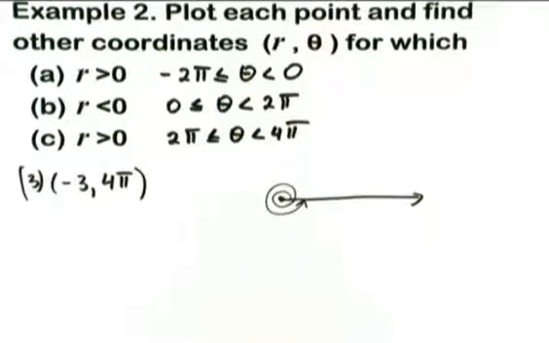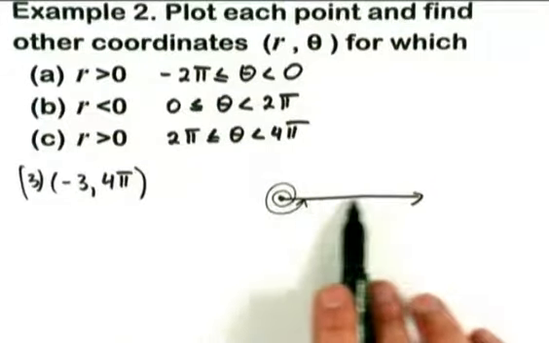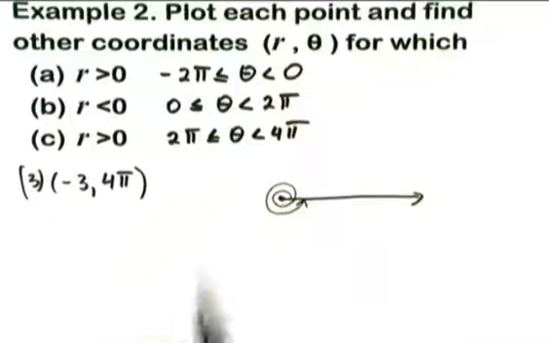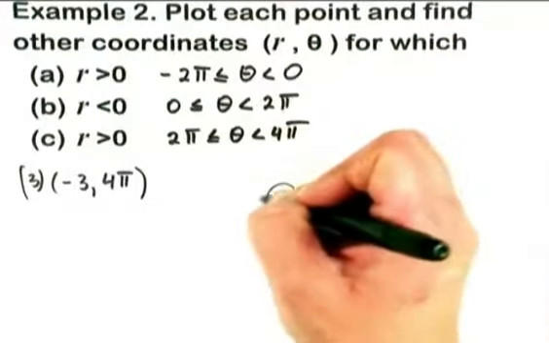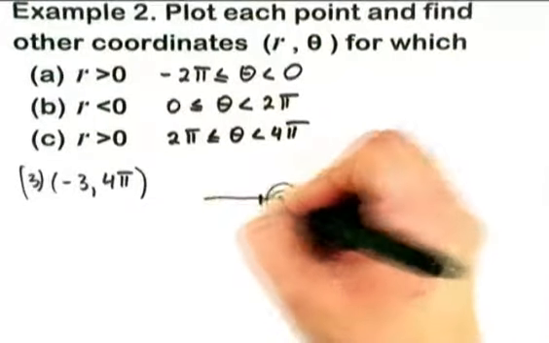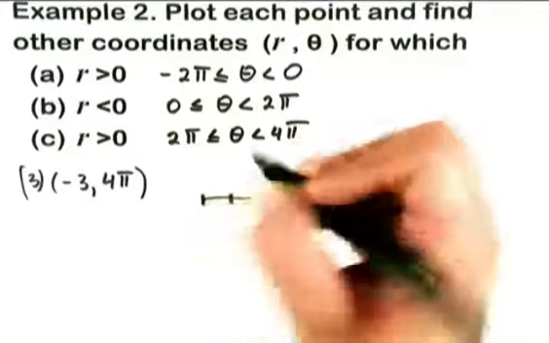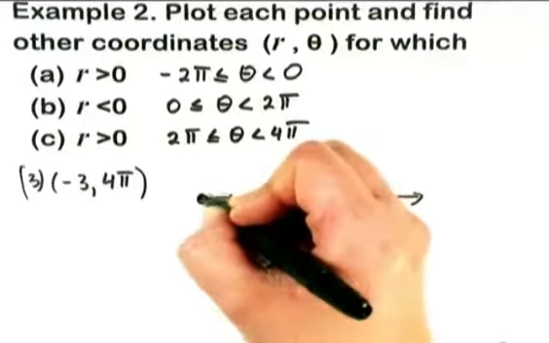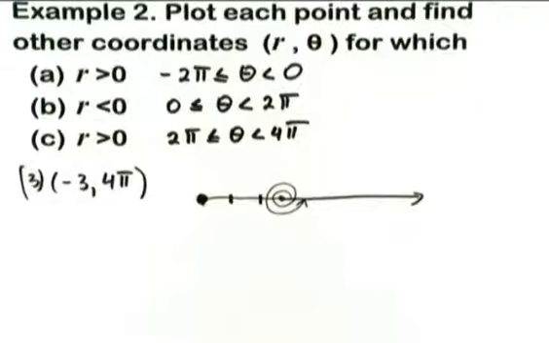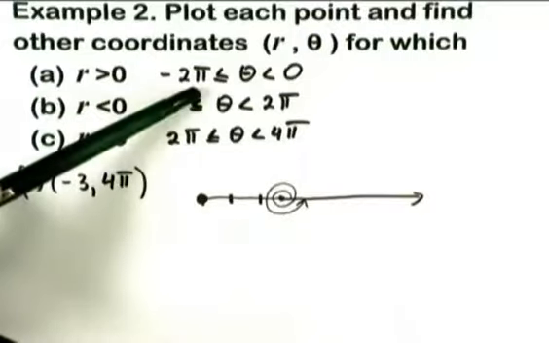So now I need to go not in the positive direction. I'm going to the opposite side of the pole, so in the negative direction right here, and I measure 1, 2, 3 units. So here is my given point, -3 and 4 pi. Now they ask us to identify a positive distance with a negative angle.